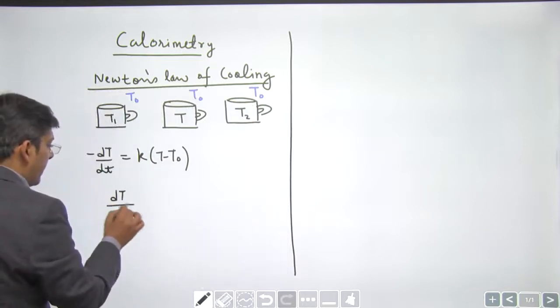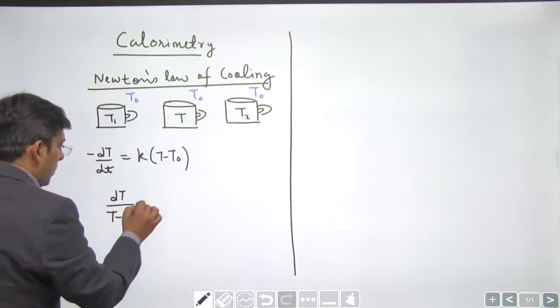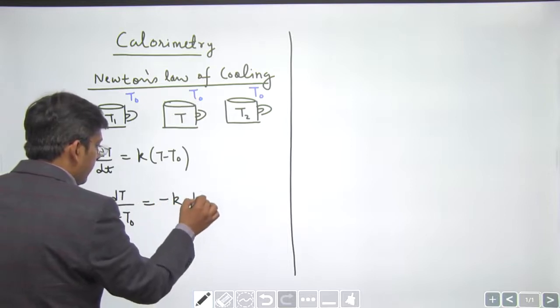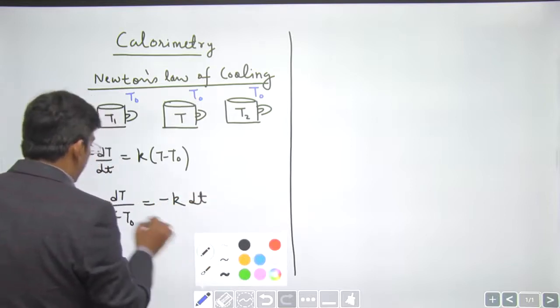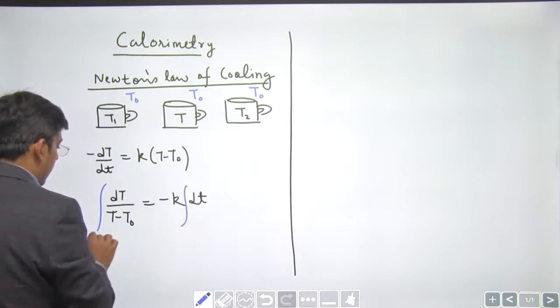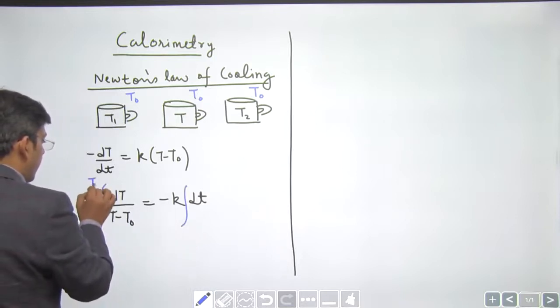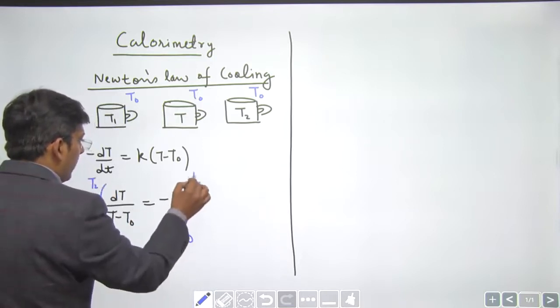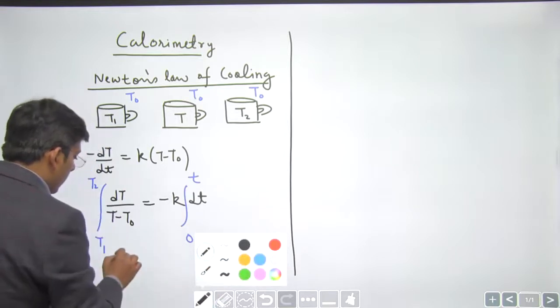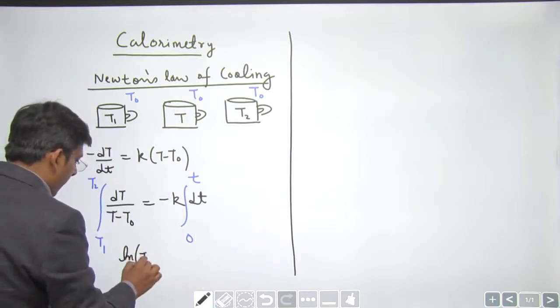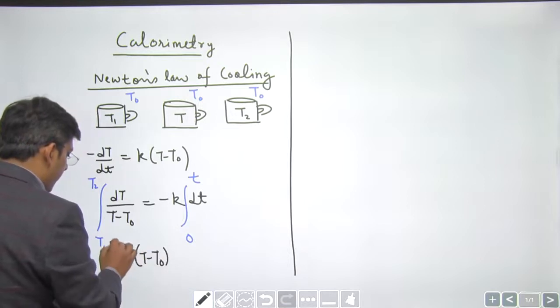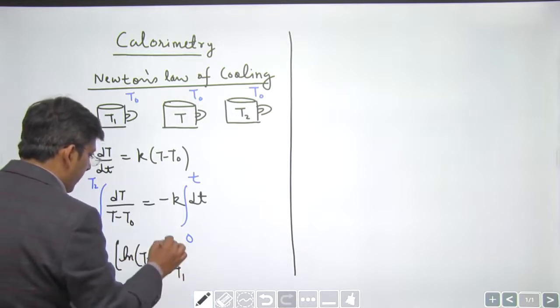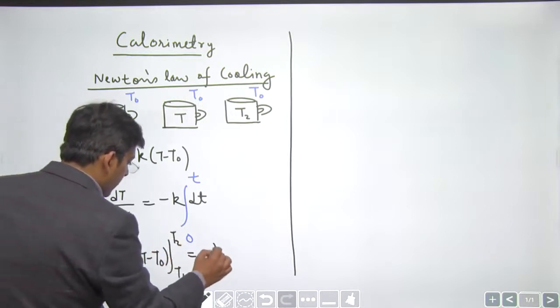This is dT by T minus T naught equals minus k dt, integral. Integral with initial temperature being T1, final being T2, and time 0 to t. So this is ln of T minus T naught from T1 to T2 equals minus kt.